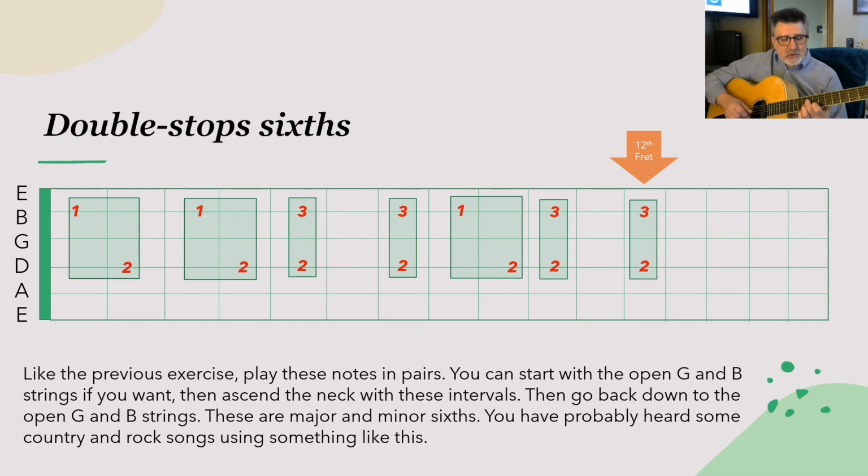Switch to the second shape and move up a half step, and then up a whole step. Add in the open strings if we want on the 2nd and 4th string. It's a pretty handy little exercise that you can use there.